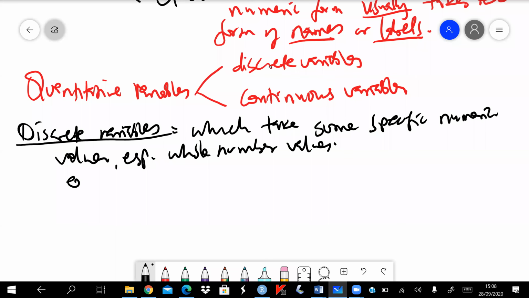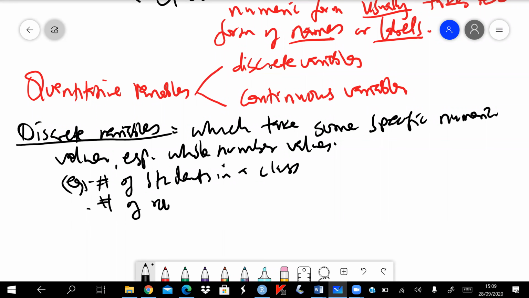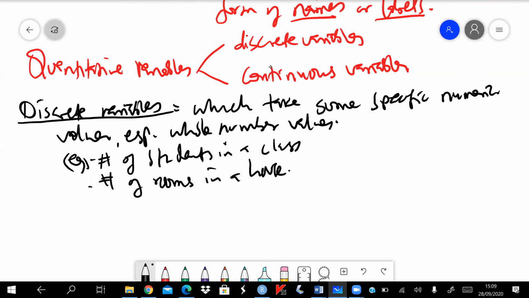Things like what? Number of students in a class. Number of rooms in a house. Number of programs offered by a university, and so on and so forth. Remember I said that it takes some specific numeric values. The numbers are not necessarily whole numbers.